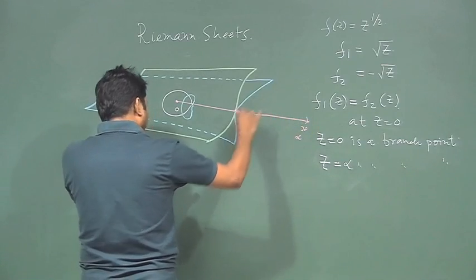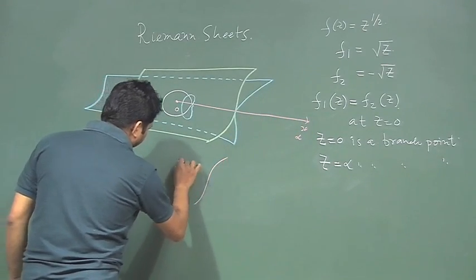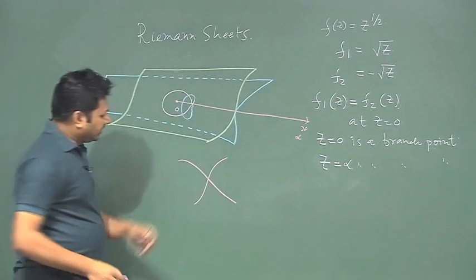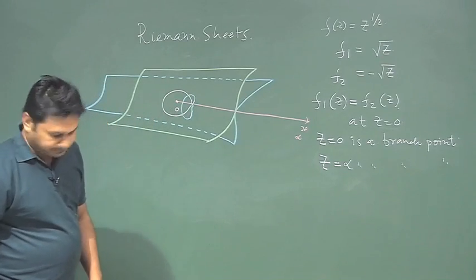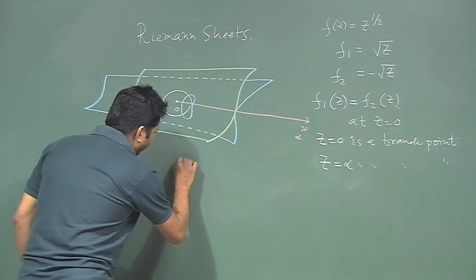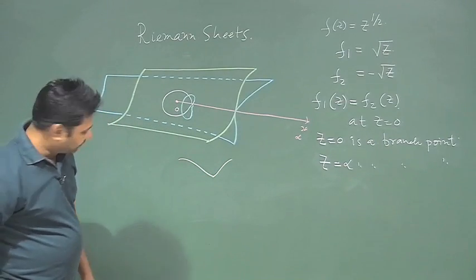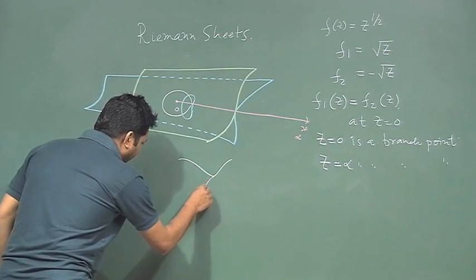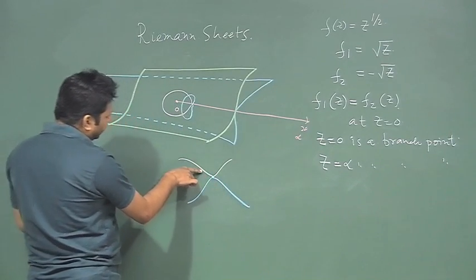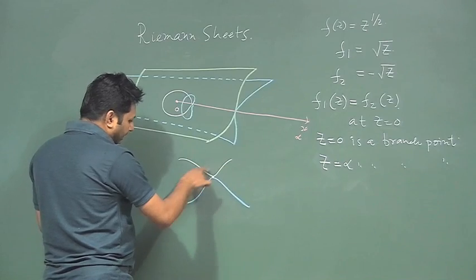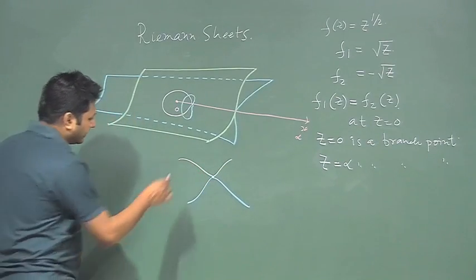Let me draw it this way. This is my first sheet and my lower sheet is something like this. Here it is glued. The point was initially here; when it is rotated and crosses this line, it slides down to the next one.